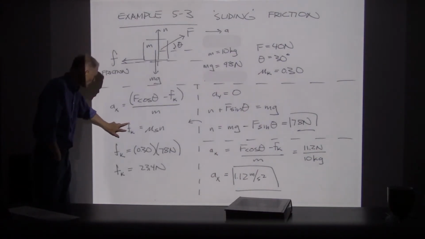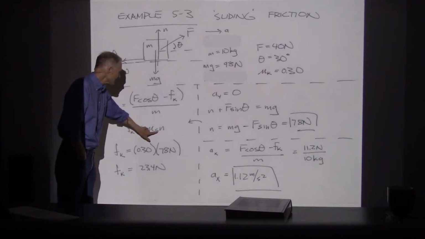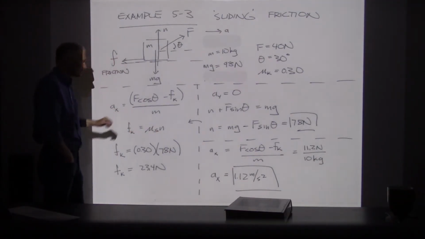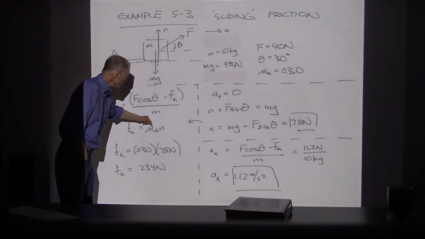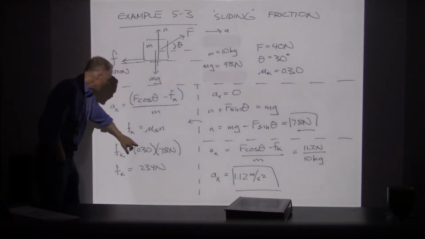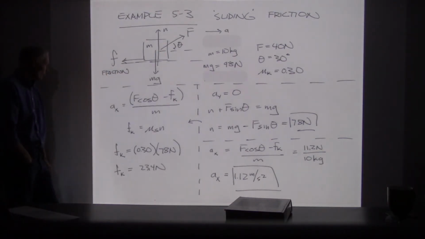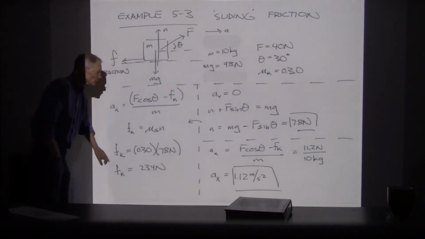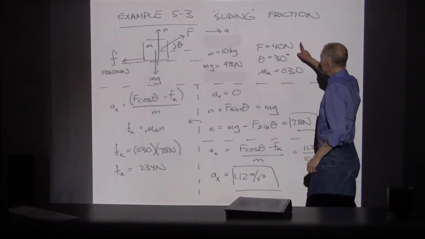Now, the kinetic frictional force, oh my gosh, that does not say mu sub s, it says mu sub k. That needs to be a mu sub k for sure. Okay, all right, that's a k. Mu sub k times n is going to be 0.3 times 78. That gives us 23.4 newtons of friction. So what does that lead to? Well, what was the force here?